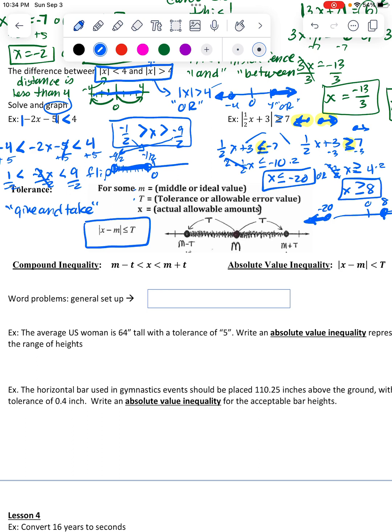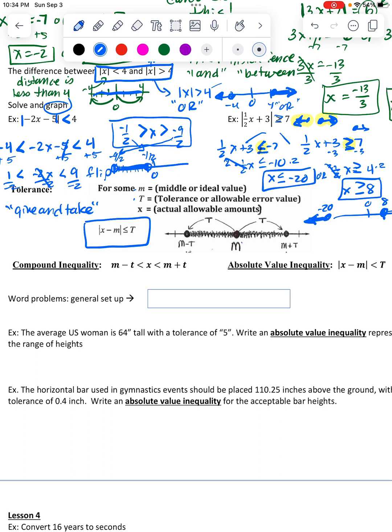T is your tolerance or allowance of error. So you're like, the average is 100, give or take 3. So it could go up to 103 or it could go down to 97 because I'm giving a buffer of 3 in either direction. And because it's going in either direction, that's how it ties into what we're doing right now. It's just about measuring that space.